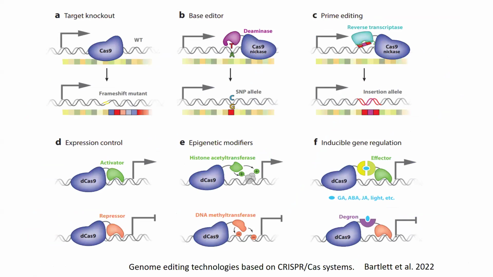And lots of genome editing methods have already been established. For example, target knockout, I discussed before. This is the simplified one, the Cas9 enzyme. To do knockout, you can design a single guide RNA or double guide RNA, two guide RNAs, to specifically silence or knock out a specific segment.